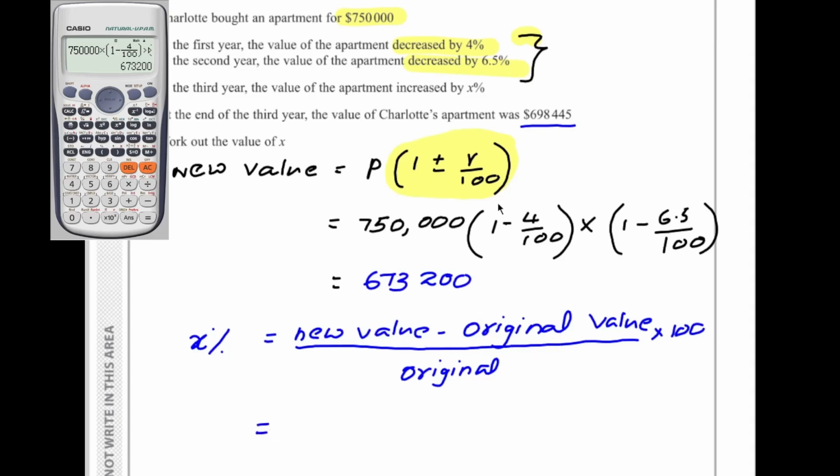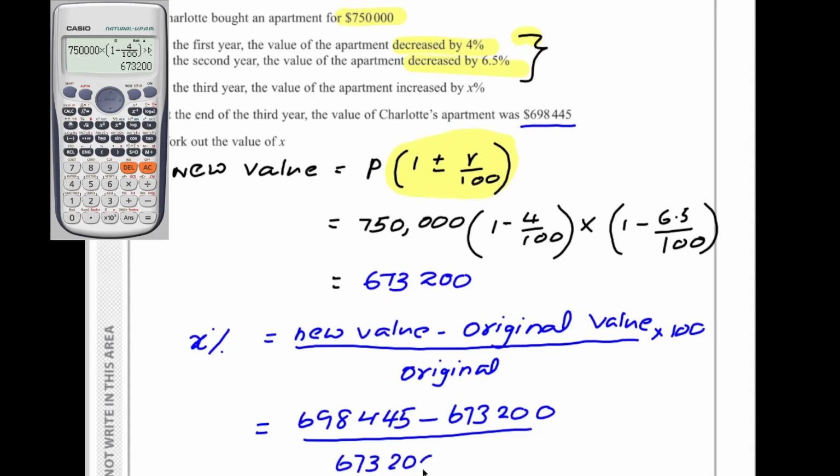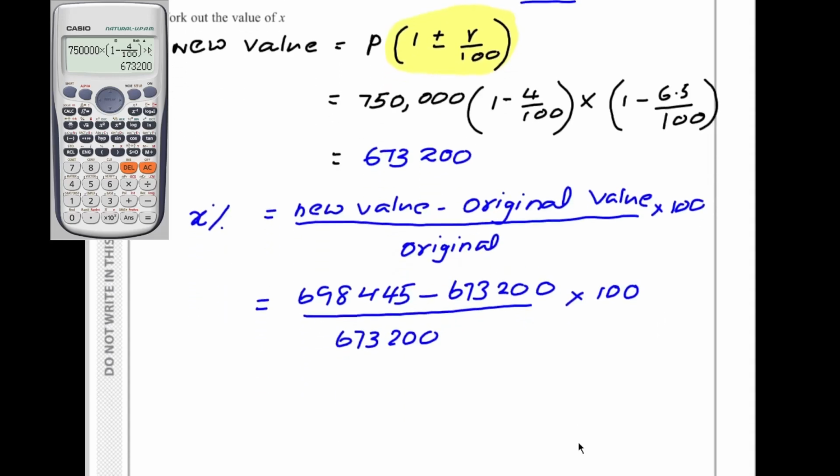So new value, which is after the third year, 698,445 minus originally we had after 2 years 673,200, over original value, which was this one at the end of the second year, 673,200, into 100. Now use the calculator and get the answer. Let's see how much we are getting as the percentage.